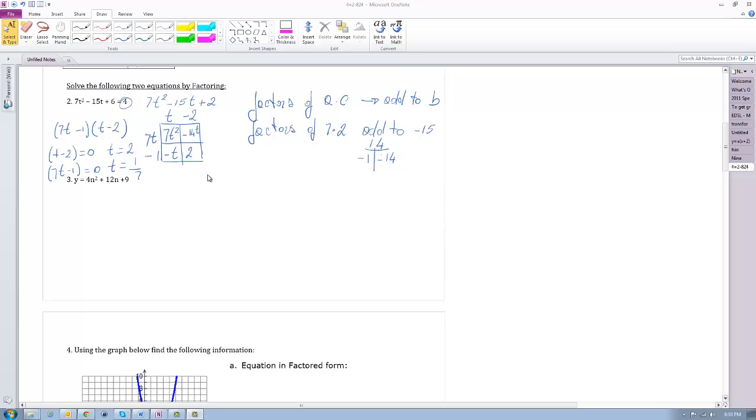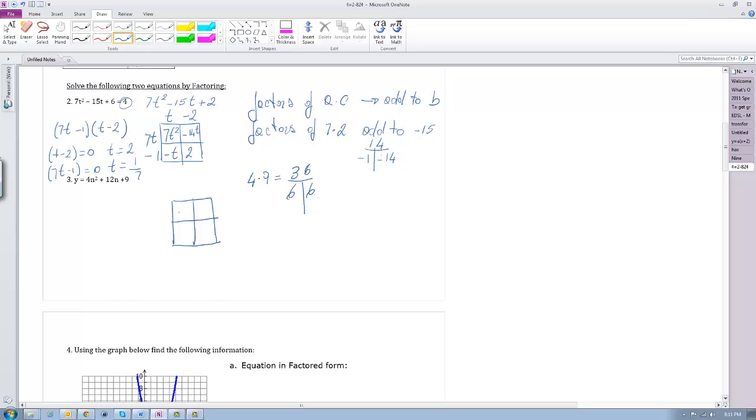Okay, so 4 times 9 equals 36. The factors of 36 that add to 12: 6 and 6. So, using again the reverse box method, we are going to find the two binomials.